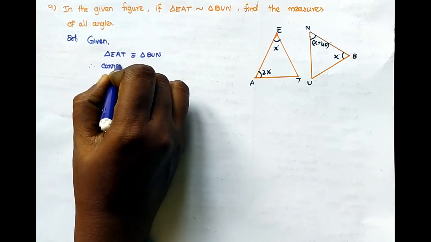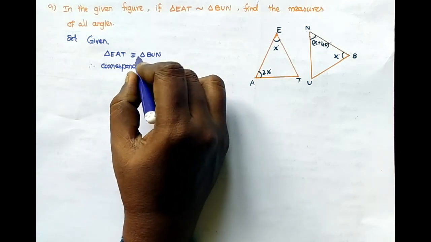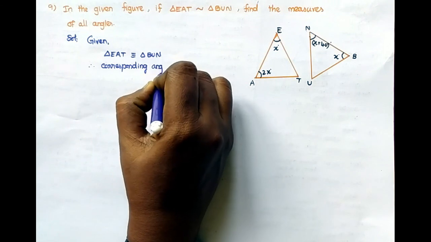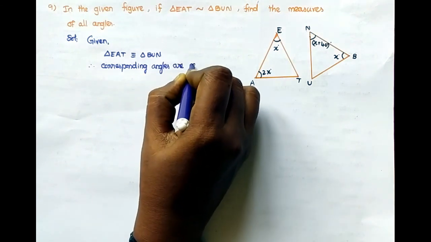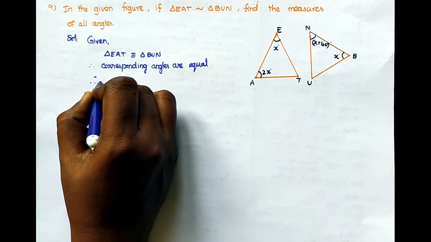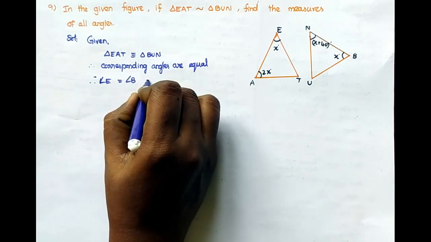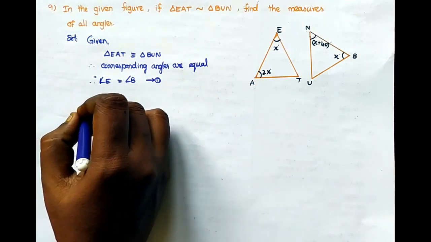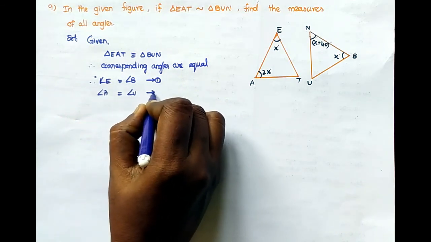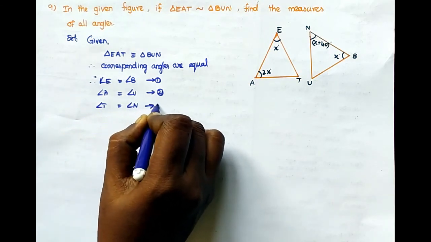Corresponding angles are equal. Therefore, angle E equal to angle B, that is equation 1. Angle A equal to angle U, equation 2. Angle T equal to angle N, equation 3.